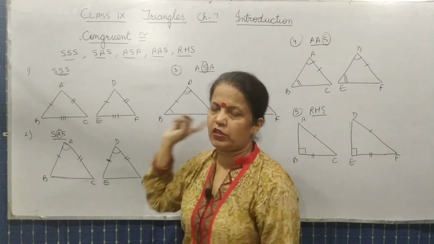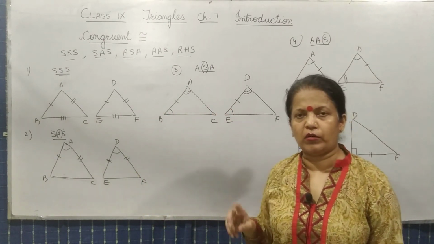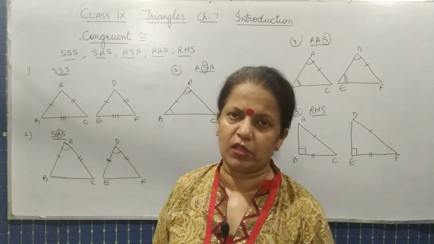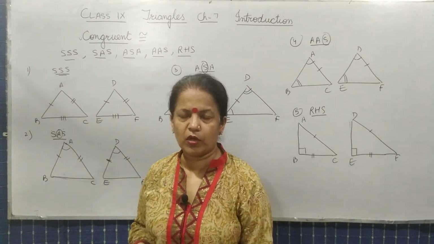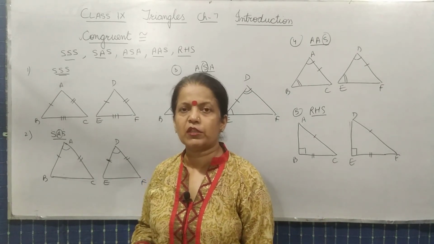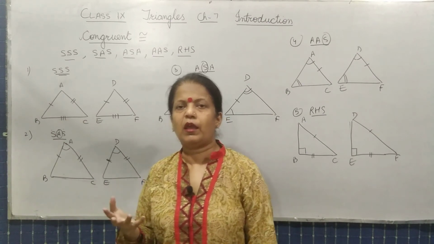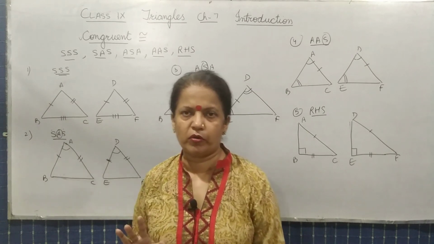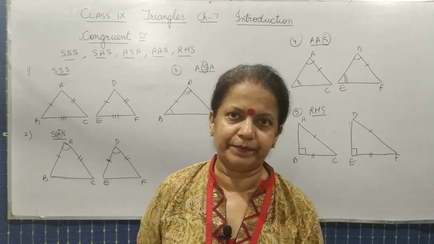Out of these congruencies, we will try to apply one in the question. That depends upon the questions in the coming exercise, which congruency we have to apply. So these 5 congruencies you have to remember.